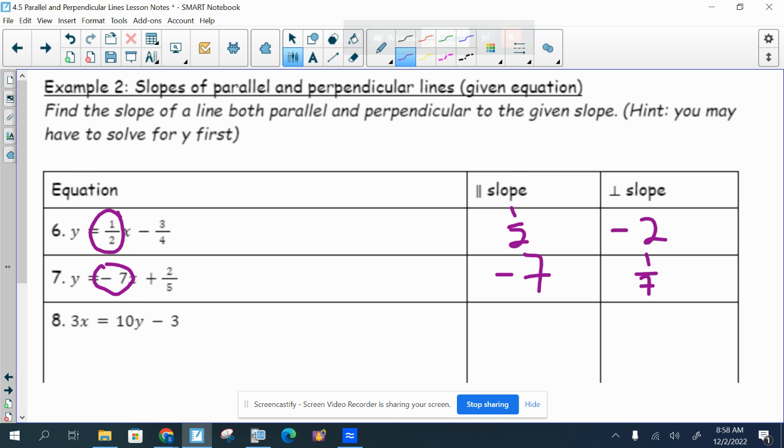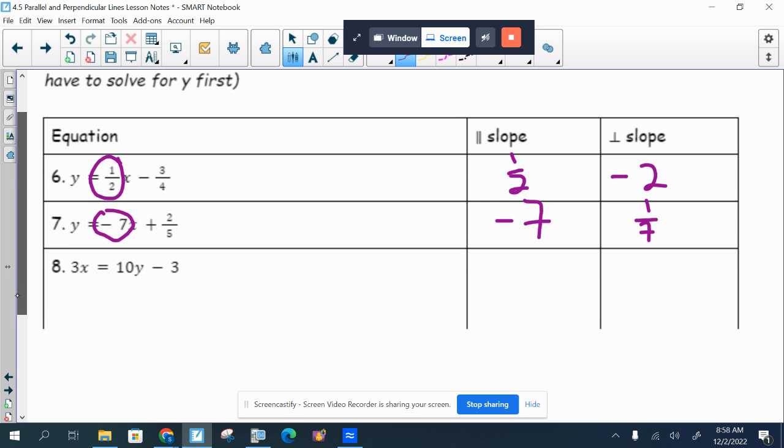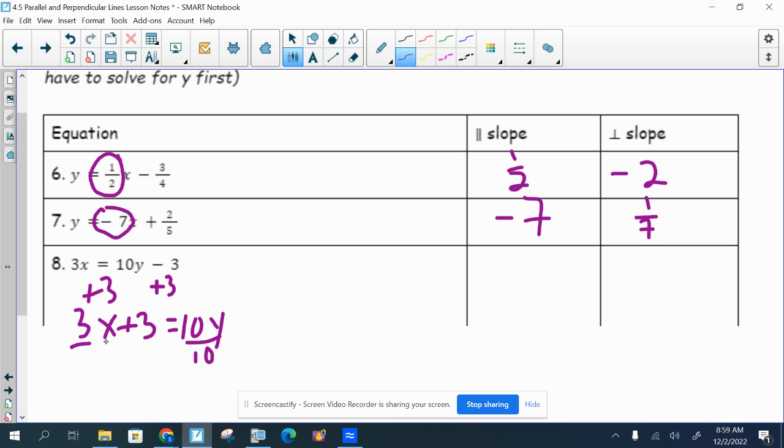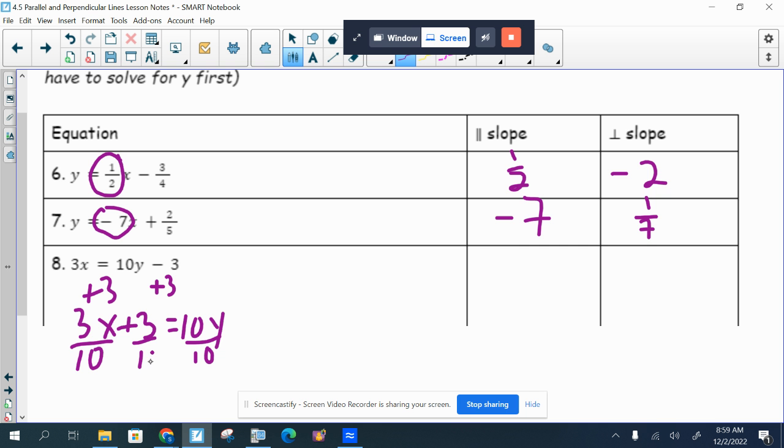Now for the next questions, we're going to have to solve for y to get the slope. So sometimes you'll have to do that. So with this one, I would add the 3 over. So we get 3x plus 3 equals 10y. And then divide everything by 10. Now the thing is, with these kind of questions, you don't need to know what the b is.